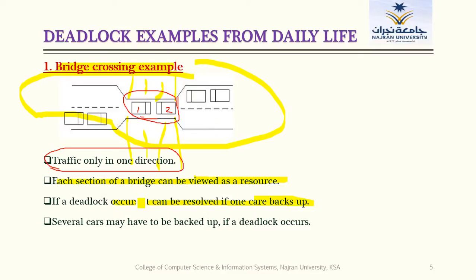In this way, several cars may have to back up if deadlock occurs. Because if you see here, after car 2 there are another 2 cars, and after car 1 there are 2, maybe they also have to go back. So if deadlock occurs, then of course we have some solution to solve that deadlock. This is one example from our daily life.